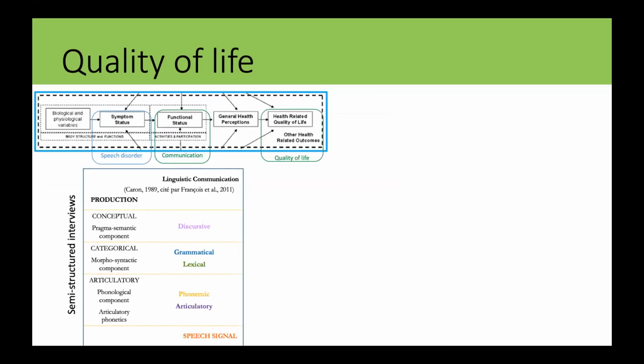He did very interesting work because he performed some semi-structured interviews, and with automatic tools, he explored the whole level of linguistic communication: the level of articulation, the level of categorical production and conceptual production.